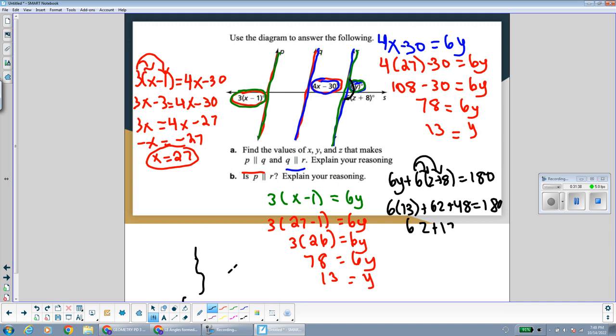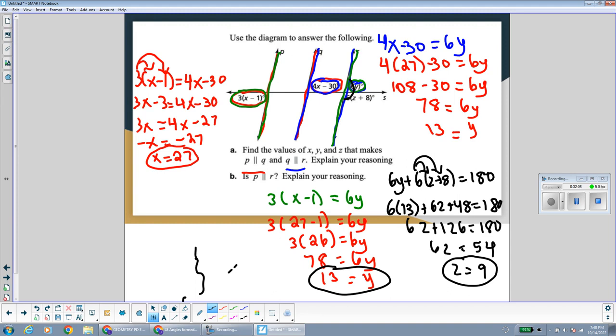So we have 6z plus 126 equals 180. 180 minus 126 is 54. And then we have z is equal to 9. So we found the values that all the variables need to be to make the lines parallel to each other.